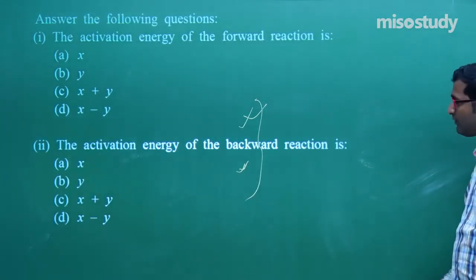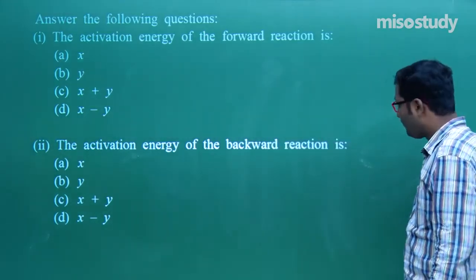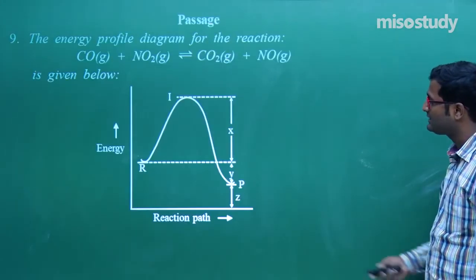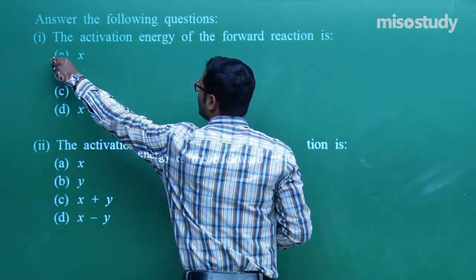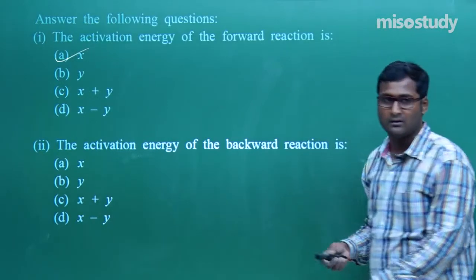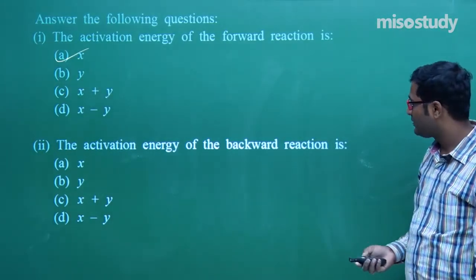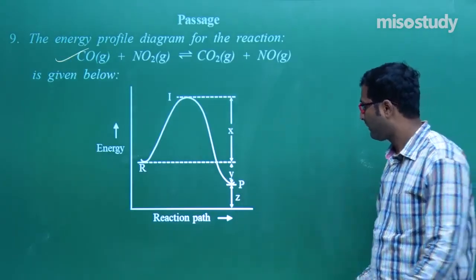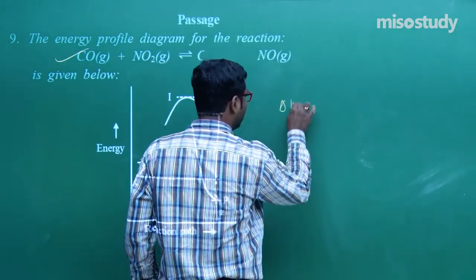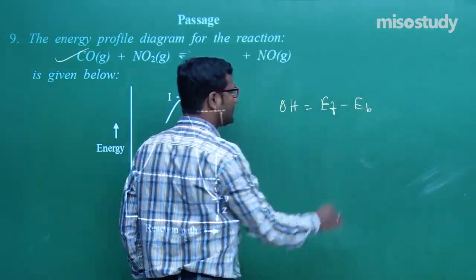Activation energy of the forward reaction. As I told, the activation energy of the forward reaction here is X. So that is A, the first part of question number 9. Now, activation energy of the backward reaction. As we know, delta H is equal to activation energy of forward minus activation energy of backward.